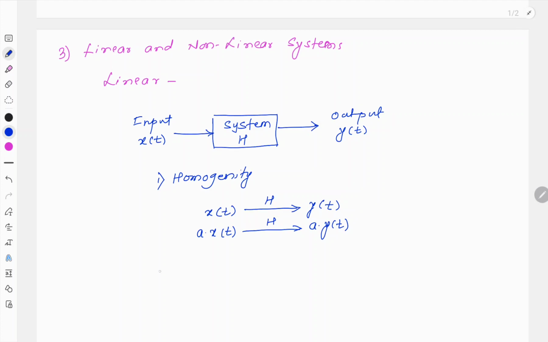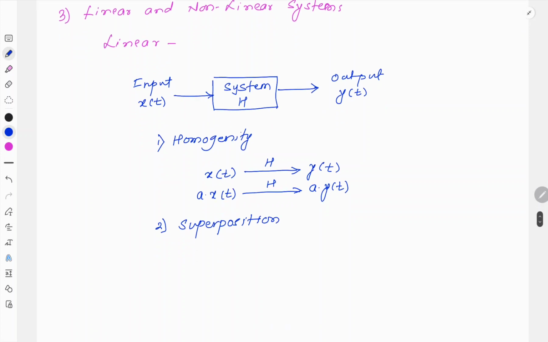Again, this system should satisfy the principle of superposition. So let us see what the principle of superposition is. Let's say if I apply x1 of t as input to the system, it will generate output y1 of t. If I apply a second input x2 of t, it should generate y2 of t as the output.